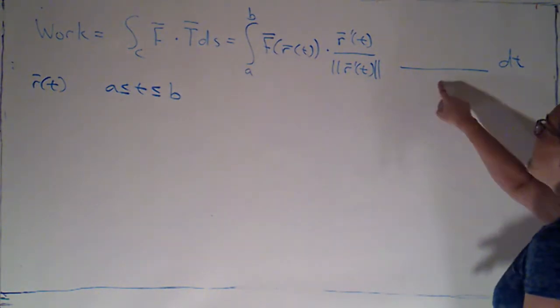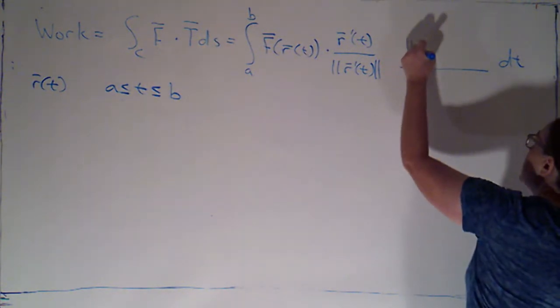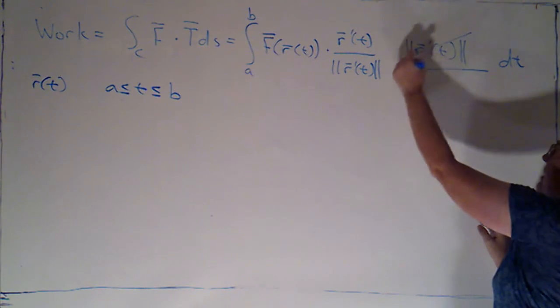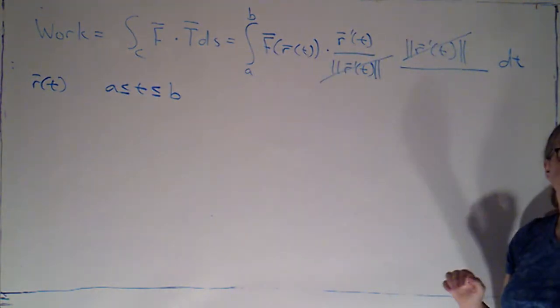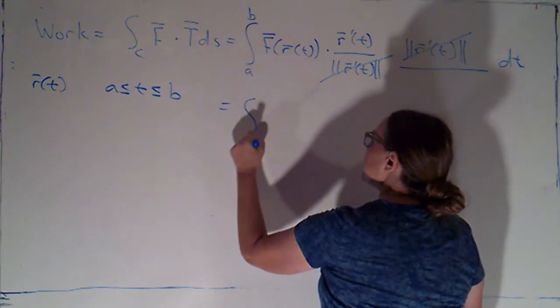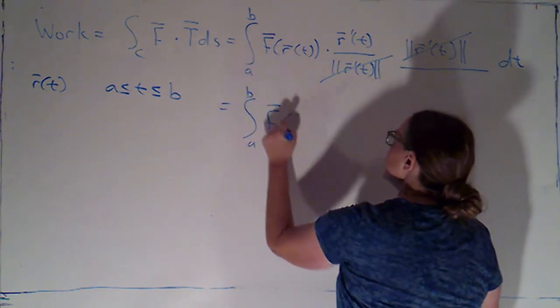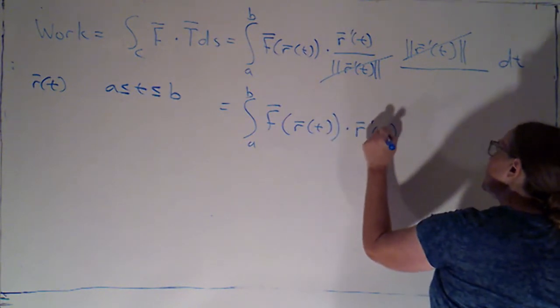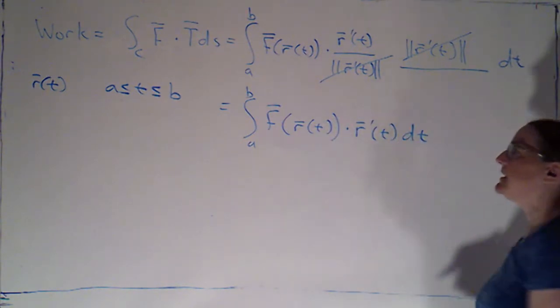All right, my scaling factor I know is the magnitude of r prime of t, and check out how nice that is. That magnitude cancels, and so work becomes the integral from a to b of F of r of t dotted with r prime of t dt.